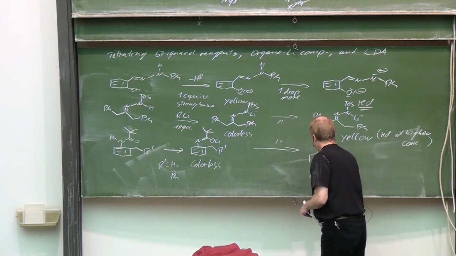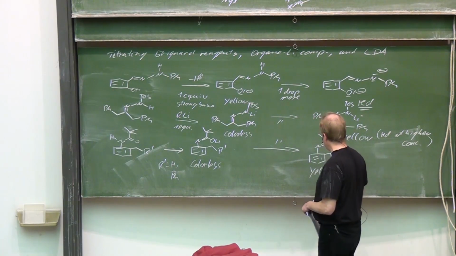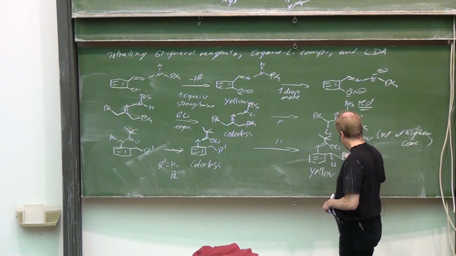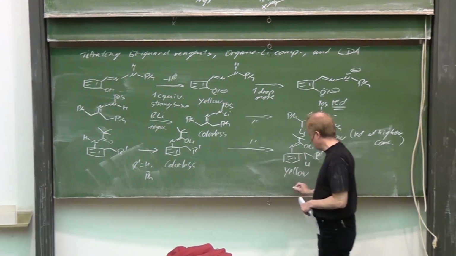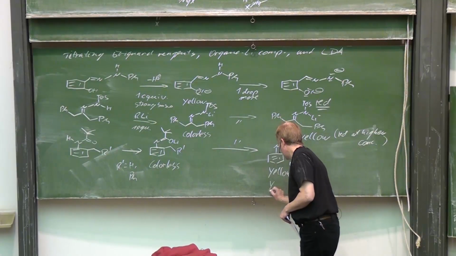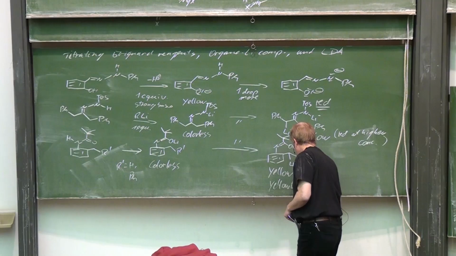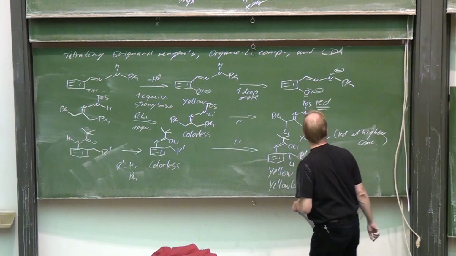And this one is yellow in the case of R prime being a hydrogen, or yellow to orange with phenyl.